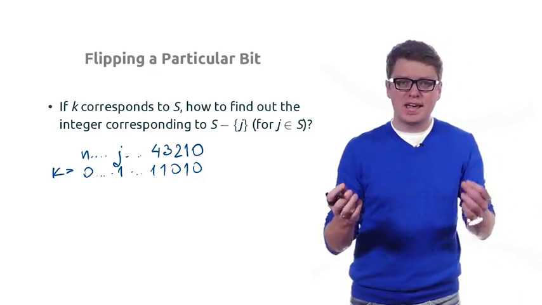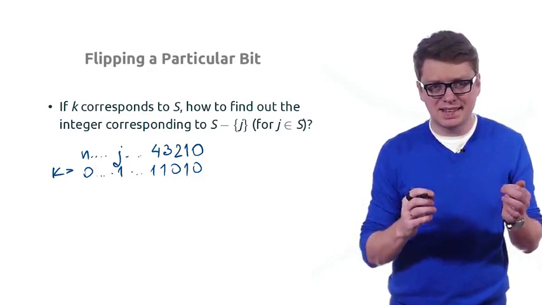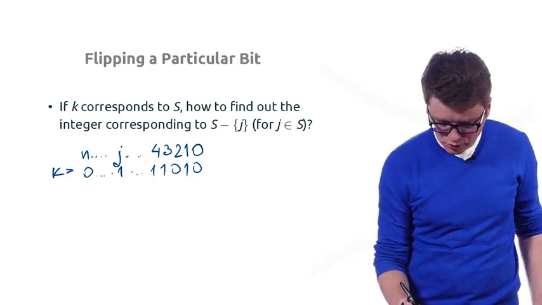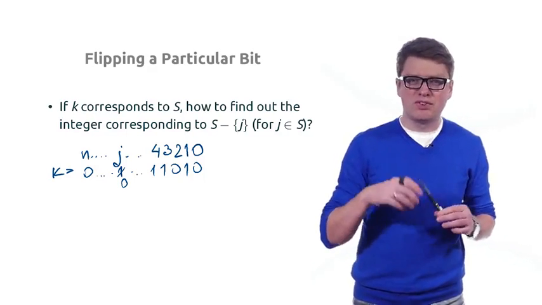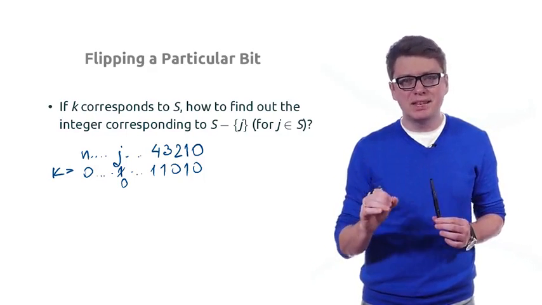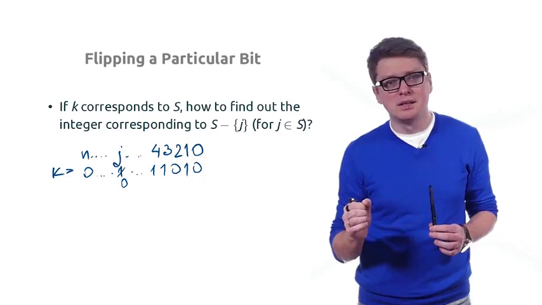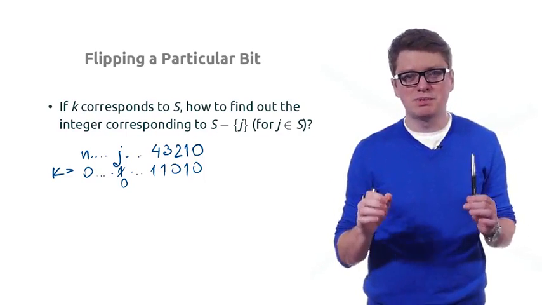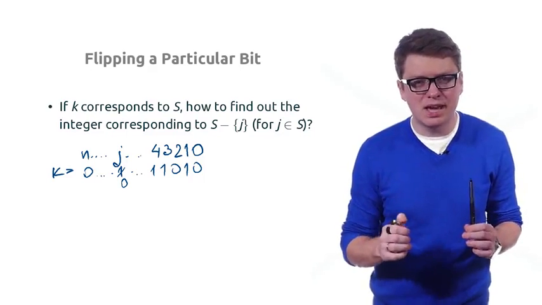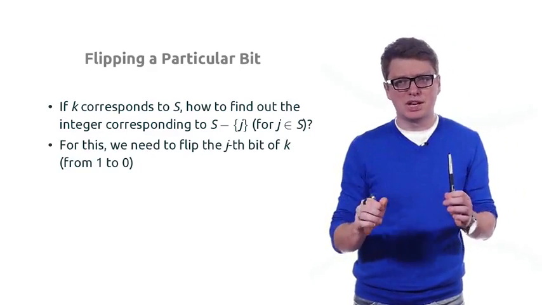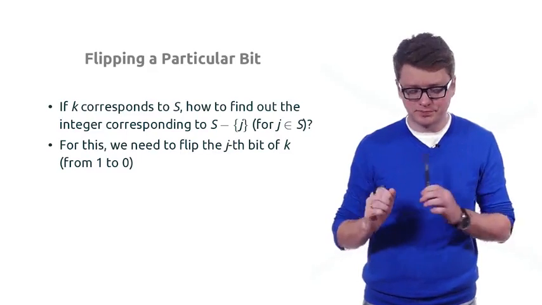To subtract j from the set S, we actually need to replace this 1 with 0, right? So we need to flip the j-th bit of the number k. So we need to figure out how to flip the j-th bit of the given integer k.